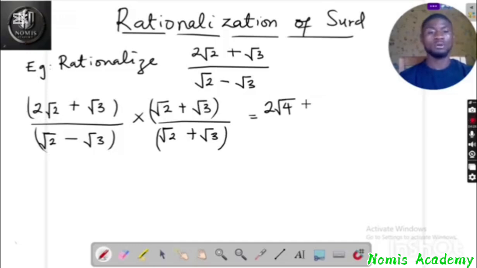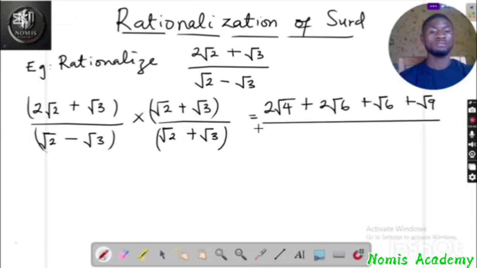So that will be plus 2 root 6, since root 2 multiplied by root 3 is root 6. Now plus this, multiply everything here. Root 3 multiplied by root 2 will be root 6, plus root 3 multiplied by root 3 will be root 9.